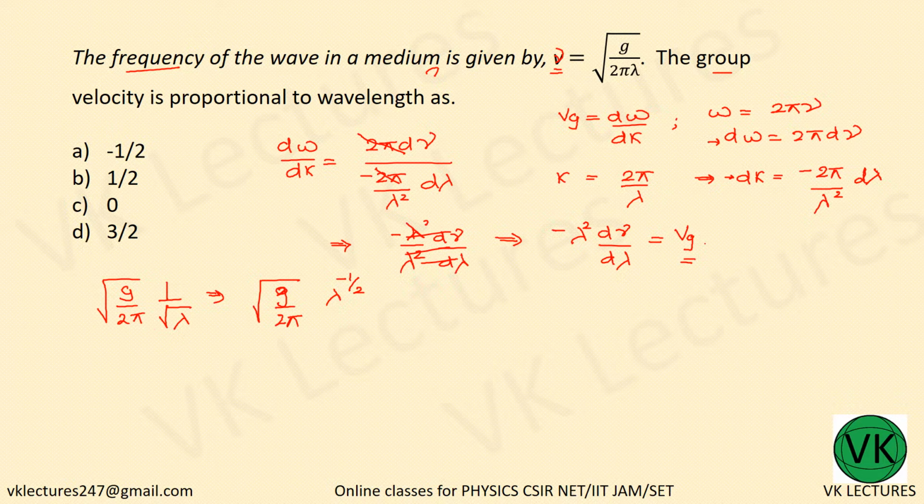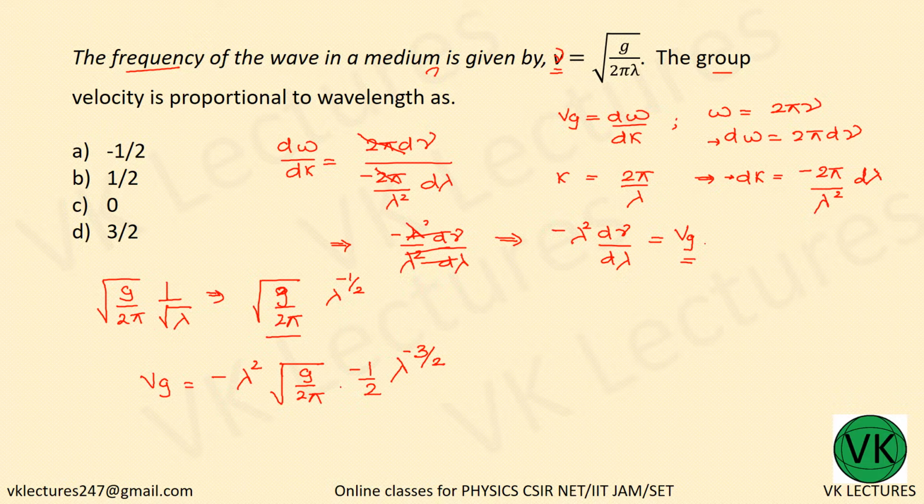Now nu is given. Now Vg is equal to minus lambda square, and we need d nu by d lambda. The constant you can write as it is, g divided by 2 pi, into minus 1 by 2 lambda to the power minus 3 by 2.